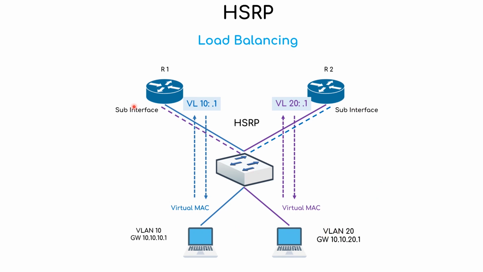So under the sub-interface on router 1 for VLAN 10, I need to set the HSRP priority higher than router 2, and on router 2 under the sub-interface of VLAN 20, I also need to set the priority higher than router 1. So router 1 will handle traffic for VLAN 10 and VLAN 20 will send traffic to router 2. Then we can get load sharing in this network.